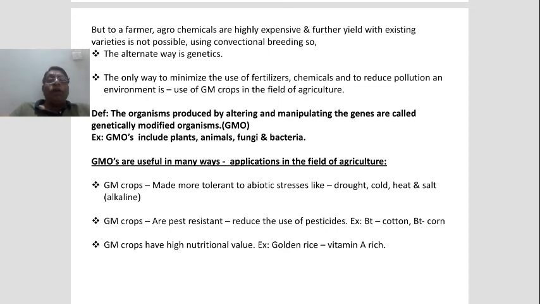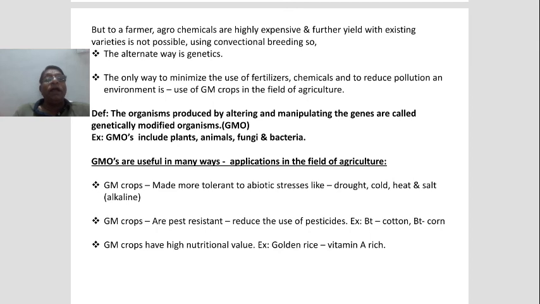Genetically modified organisms include plants. Just now I told you, BT cotton plant, BT brinjal, BT corn. Many transgenic animals are there: mice, transgenic fish, transgenic cow, transgenic fungi.